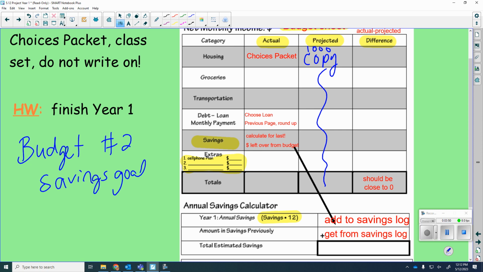You only have the options in the green choices packet. You have to pick one of those. Now, from what I heard from Ms. Vander's class this morning, someone in there has a job where they're making hardly any money at all, so they can't even afford the cheapest housing, plus transportation, plus savings. You have to be able to fit all of it in there. Now, here's how you're going to solve that problem. Are you listening?